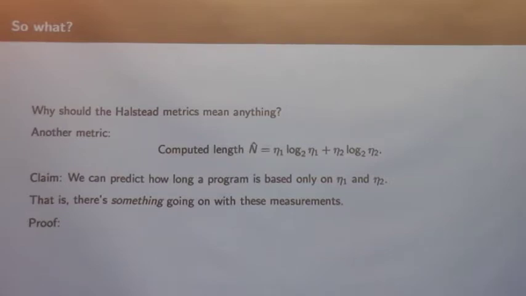It's called computed length. So it looks kind of like entropy, if you've ever seen that before, but don't worry too much about it. It's just like you take your eta variables and you plug them into this formula, and this is supposed to give you an estimate of how long your program is. And you might think, well, this is just completely made up. Why would this mean anything at all about our actual program? But it does mean something, and here are some graphs to prove that.